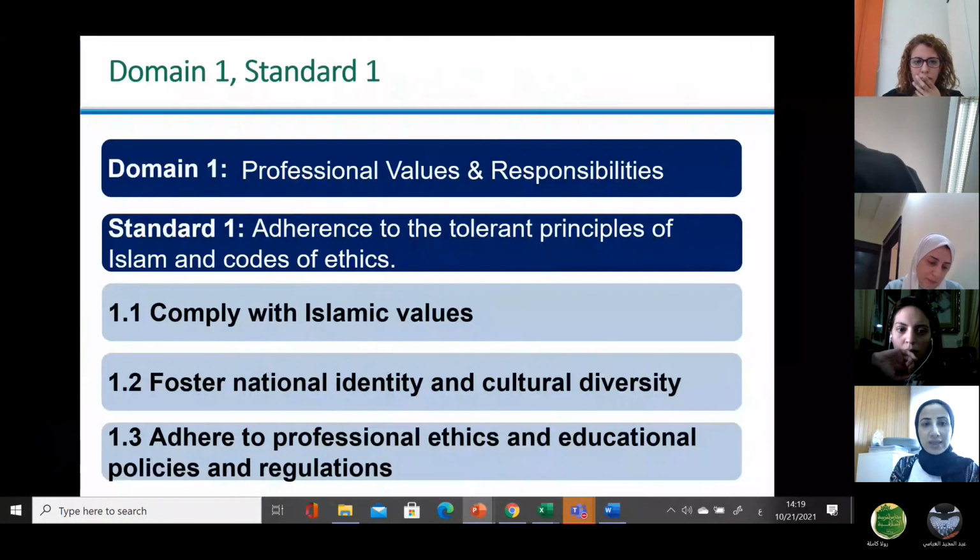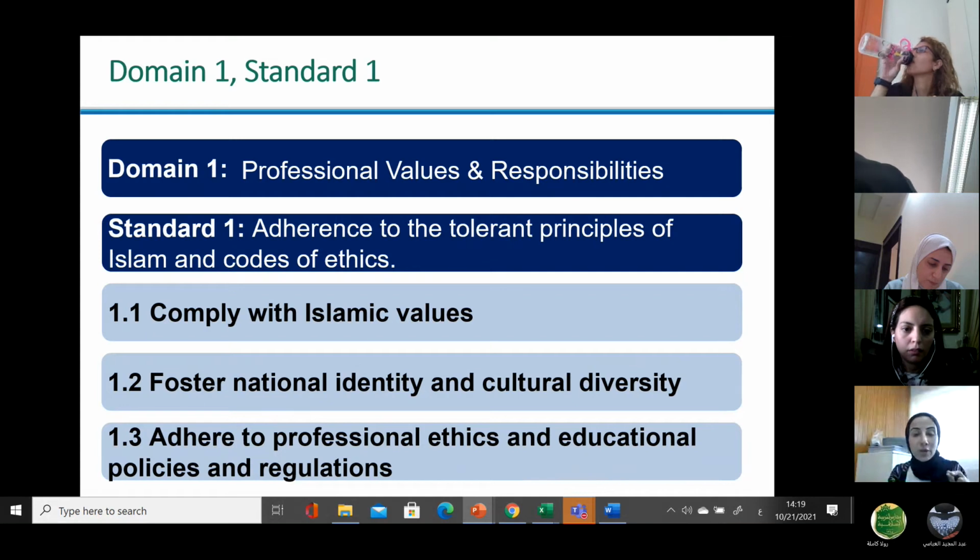Before we do this activity, I'm going to show you the 10 standards in general with their sub-standards. I'm also going to share it with you on OneDrive because you have a task depending on this. So in domain 1, as we said, I have 3 standards. Of course, we're going to go quickly on these slides. You can read them more carefully on your own when I share the documents.